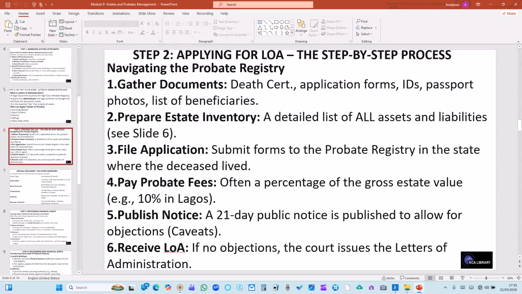Now, let us look at applying for letter of administration, the step-by-step process, that is navigating the probate registry. Number one, gather the documents like the death certificate, application form, ID, passport photos, and list of beneficiaries. Number two, prepare the estate inventory, that is a detailed list of all the assets and liabilities.